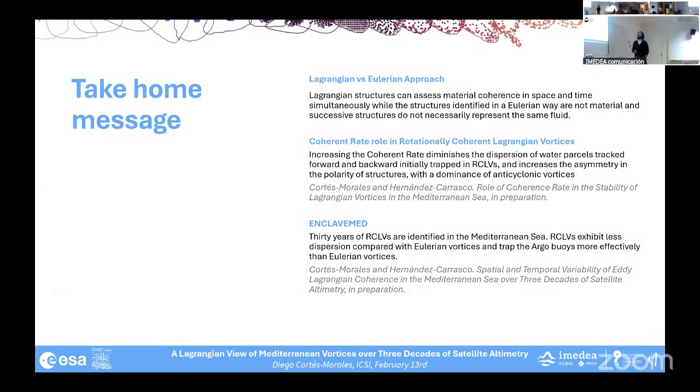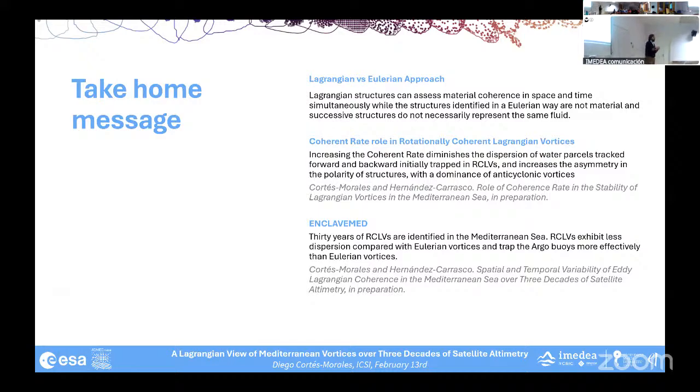So yeah, that's it. We managed to the end. Just three take-home messages. I wanted to show you the improvement of using Lagrangian approaches versus the Eulerian point of view to track the structures in the ocean, because the Lagrangian approach can capture material coherency through time and space simultaneously.